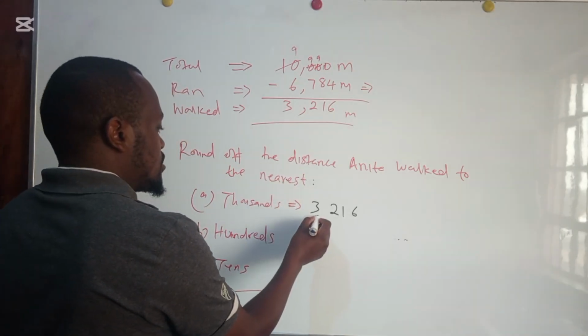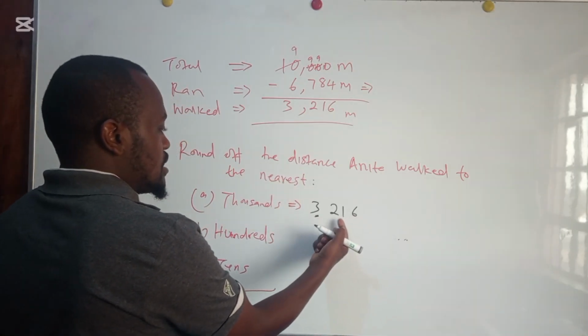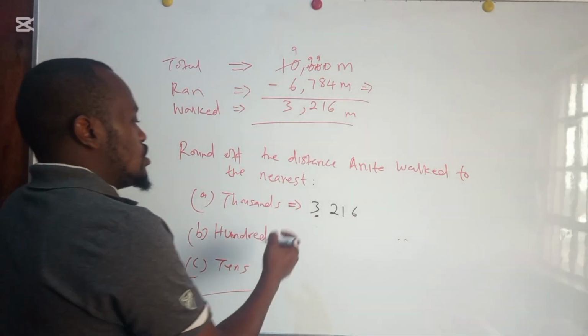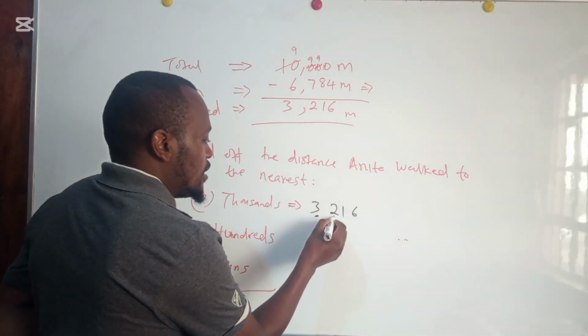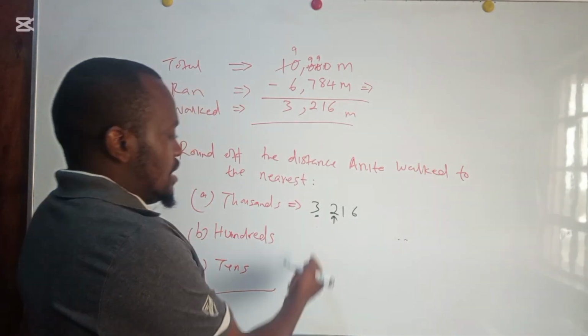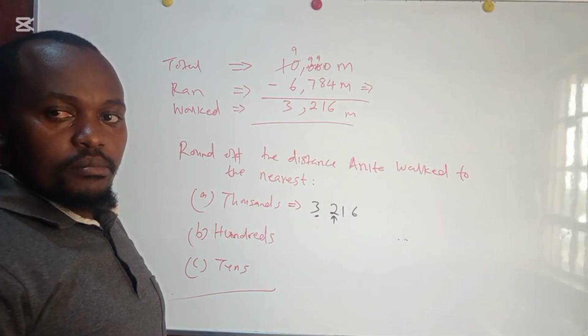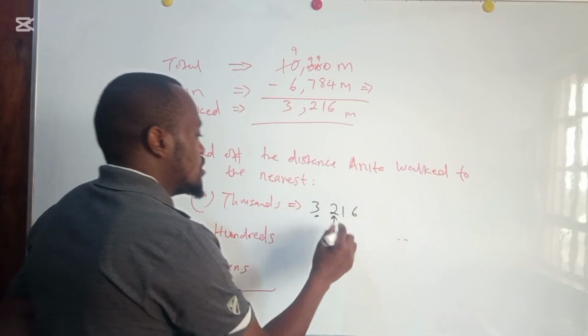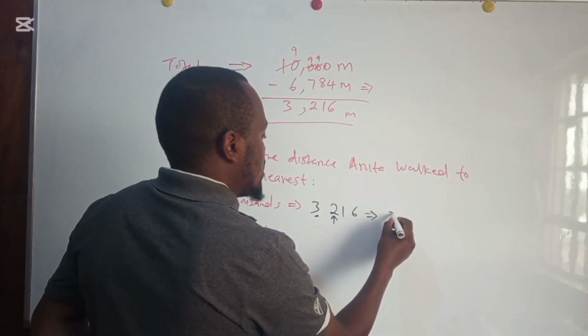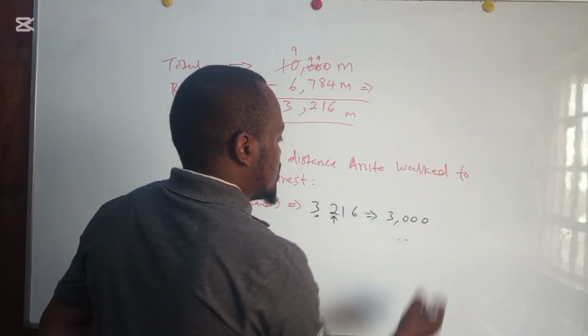This is the thousands, because this is ones, tens, hundreds, thousands. So you look at the number before thousands. Is it 5 or more? No, it is below 5. So therefore you just drop this and your answer is 3,000.